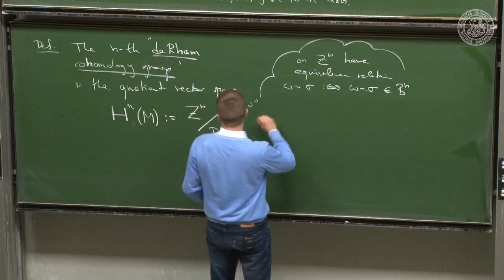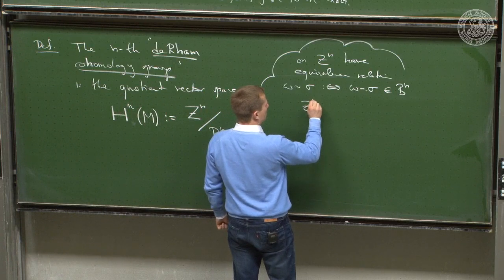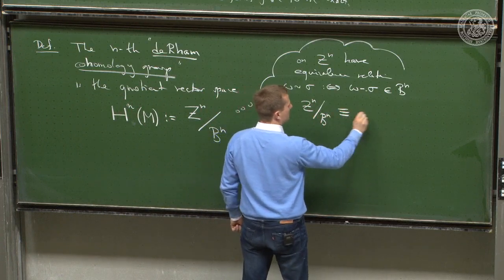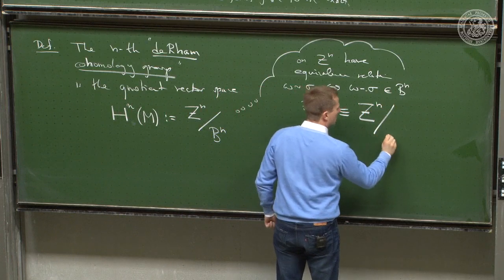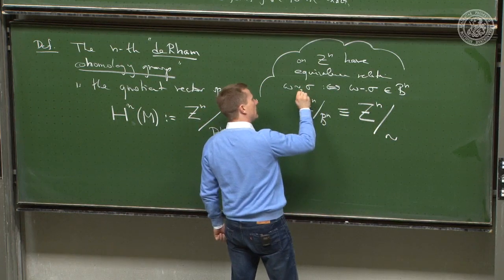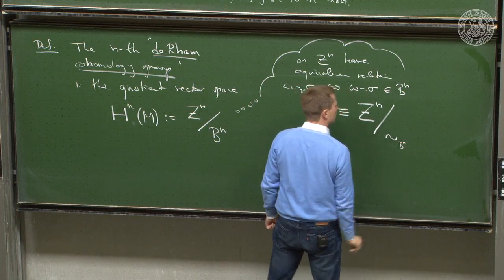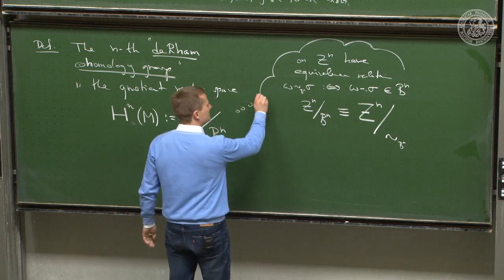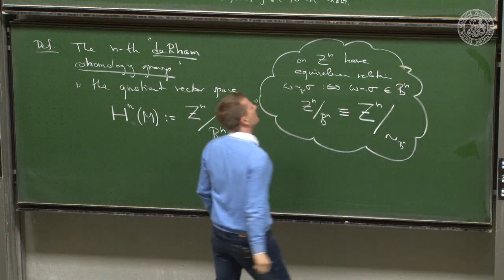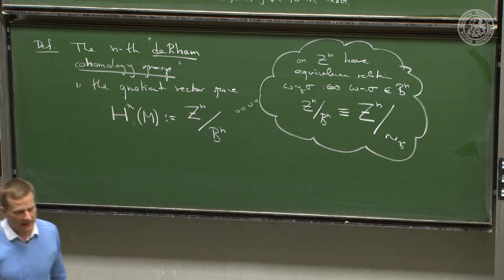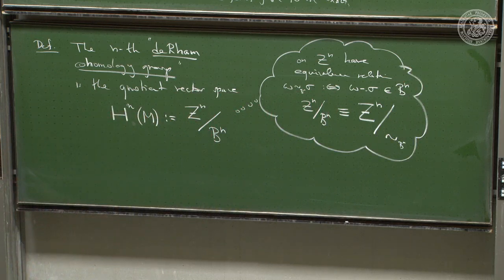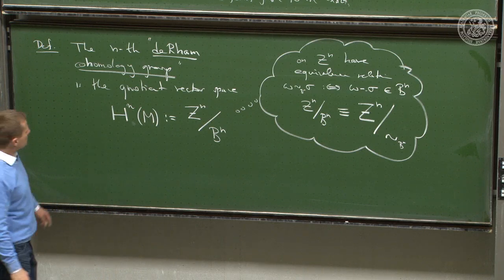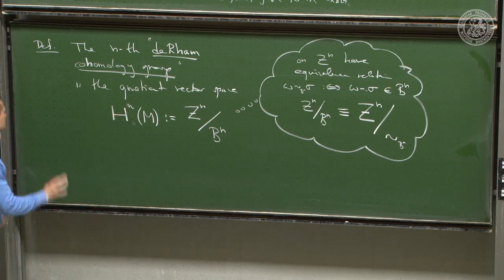And therefore, this guy here, what we write Zn by Bn, is just another notation for Zn modulo twiddle, but this twiddle depends on the exact forms, so it's modulo twiddle Bn, and then people forget about the twiddle and just write Bn. Okay, so that's not something new, it's just the old game of equivalence relations and looking at the set of equivalence classes, that is, this quotient vector space. Now, in order to, okay, so we have this. Now comes a theorem.